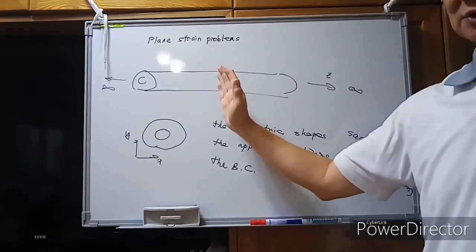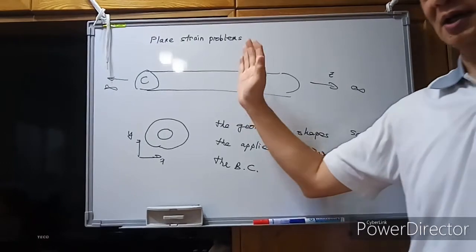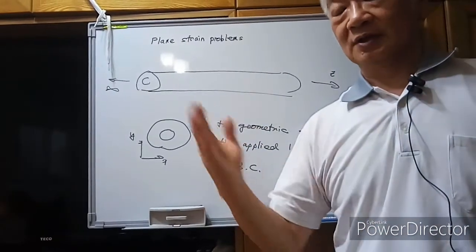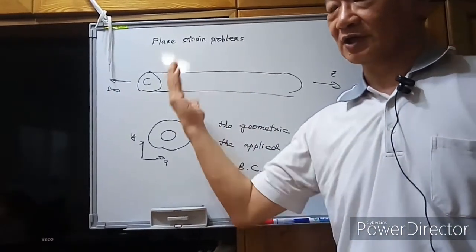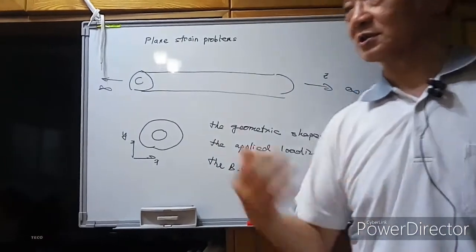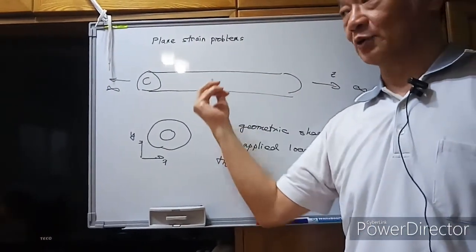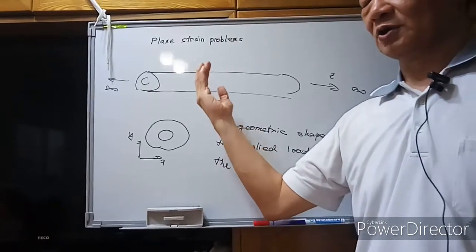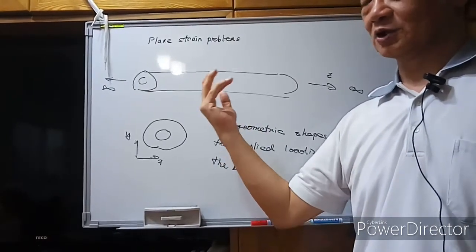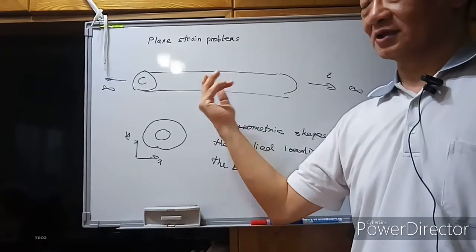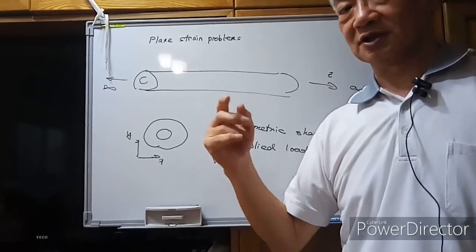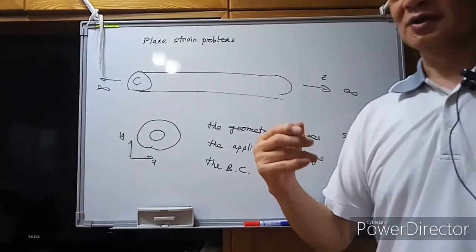And last time I asked one question: on any cross section, after we apply loadings to the structure, what are the displacements of the points on the cross section? My question is about the displacement along the z direction, the w displacement.